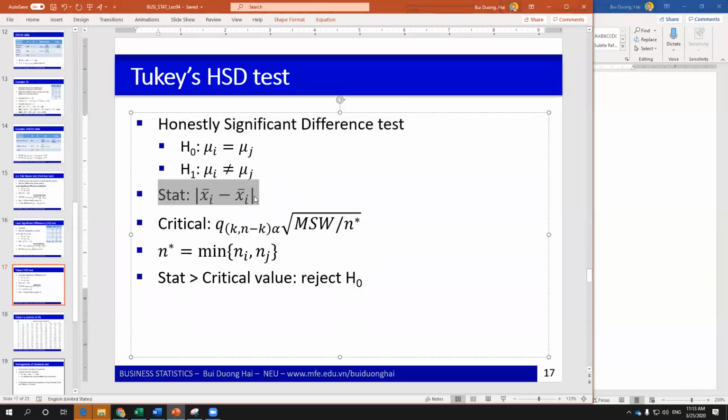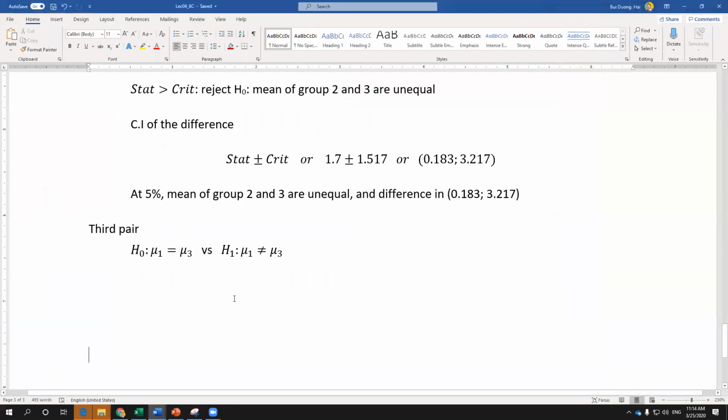Statistics the same, but the critical value is using Q, with degrees of freedom k, N minus k, alpha, not alpha over 2, and square root of MSW over N star. N star is the mean of Ni and Nj. For example, apply the Tukey HSD test for the pair of group 1 and 2.